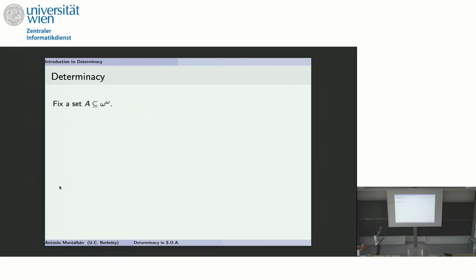Let me explain. I know probably most everybody here knows what determinacy is, but since I want to mention it in every single slide, let's get the definitions set up correctly. So the setup is that we have a game in which two players play alternately forever, and they play natural numbers. When they finish playing, they end up with an infinite sequence of natural numbers.